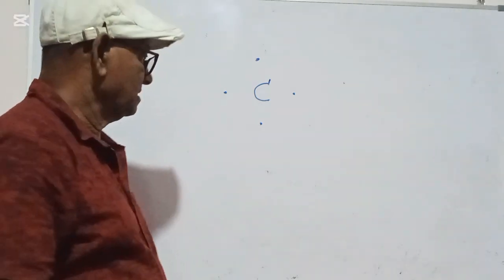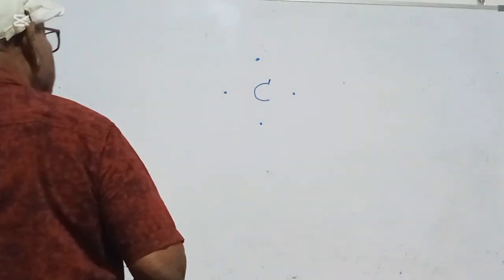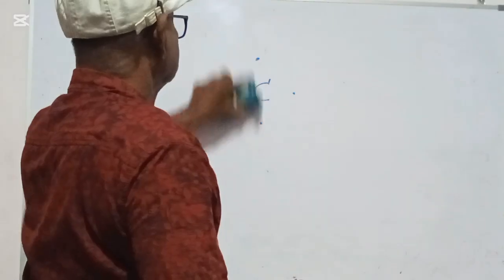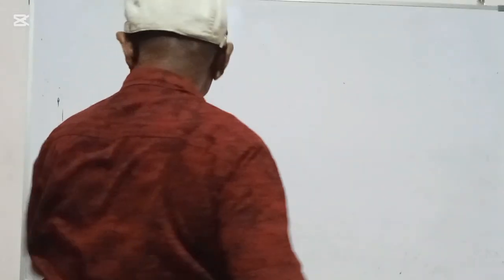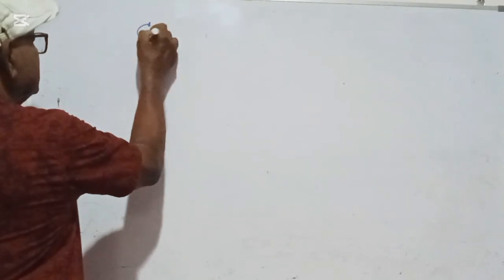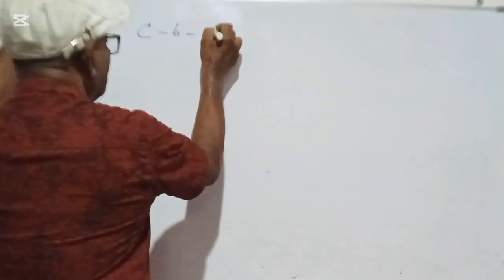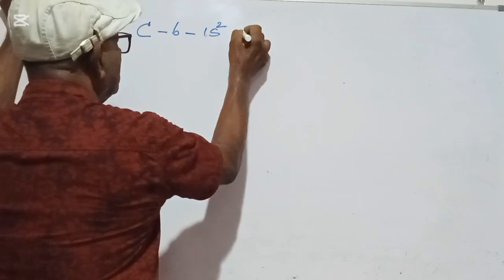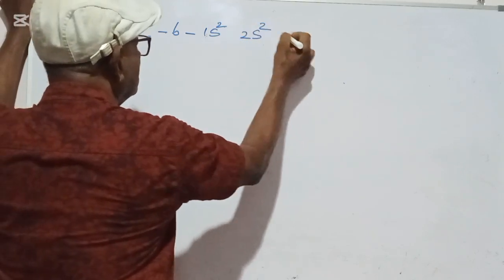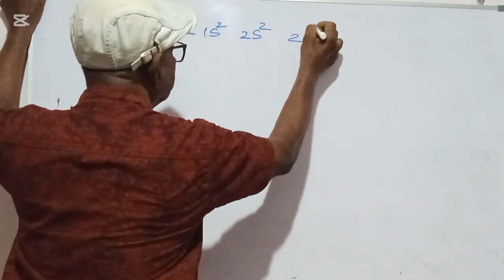Then shall we start from carbon, starting from the electronic configuration. C, atomic number 6: 1s2, 2s2, 2p2.